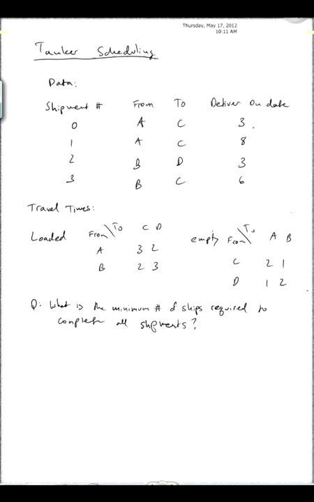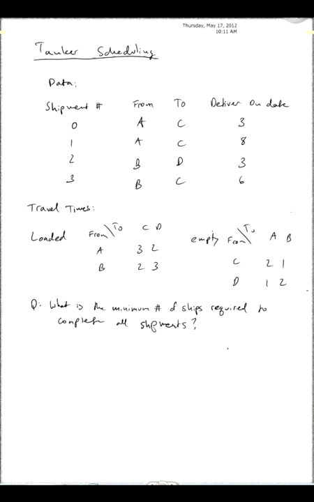So for example, we can't have the same ship completing shipment 0 and shipment 2 because both of those shipments have to happen on the same day. But we might be able to have the same ship do shipment 2 or 3. We don't know. But the basic question is we want to use the minimum number of ships for all of these required shipments.